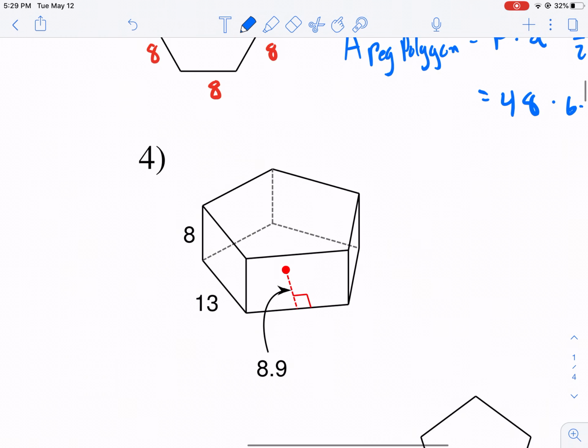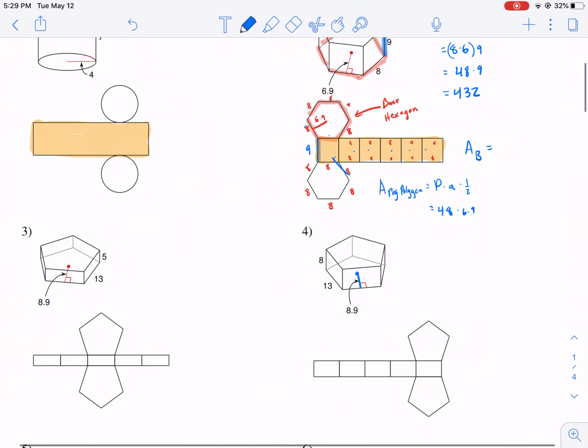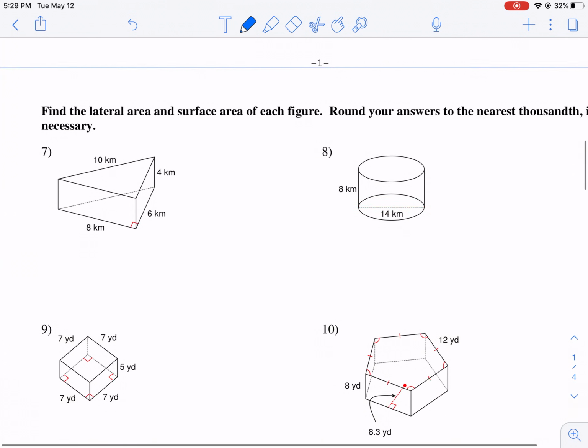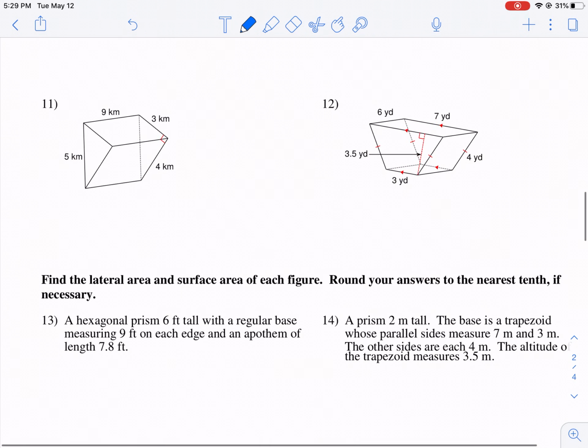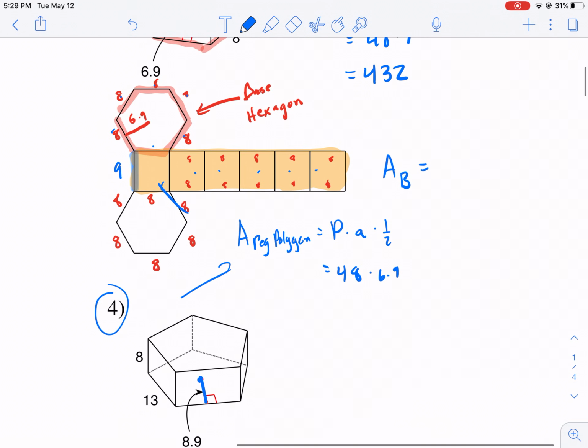The apothem is the distance from the center perpendicular to the midpoint of a side. You're going to use this formula for the regular polygons, those two and this one. So we do 48 times 6.9 times 1/2.